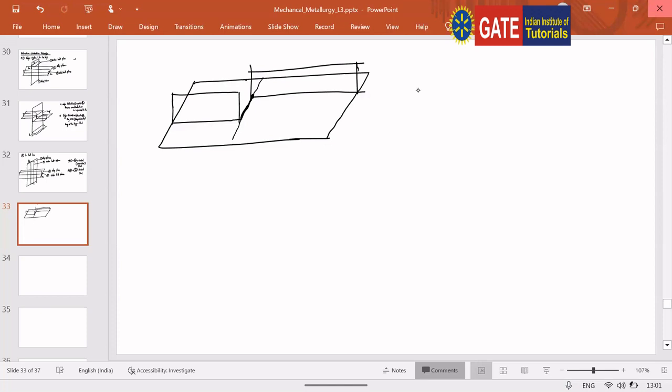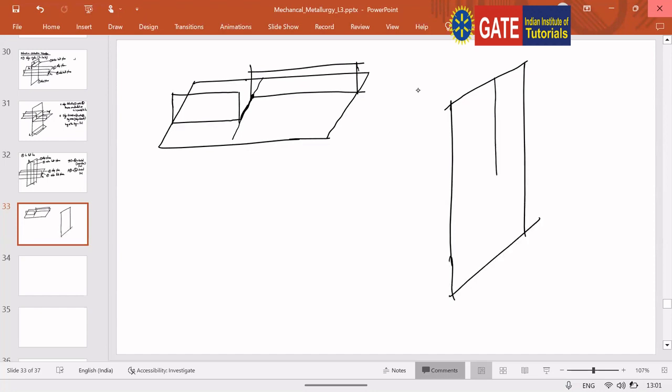Coming towards the vertical one, basically on the same plane, it gets kinked. Are you following? This is what you can see. If you want to draw, you can draw it. Otherwise, we'll move to the next slide.